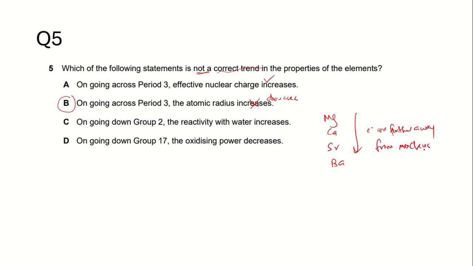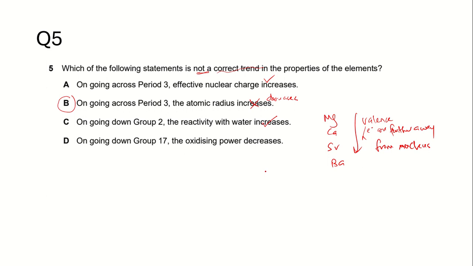Group 2 are metals, so they lose electrons in reaction to form cations. If valence electrons are getting further and further away from the nucleus, going down the group it is easier to lose the electrons in reaction, which means reactivity will increase. So this is correct.